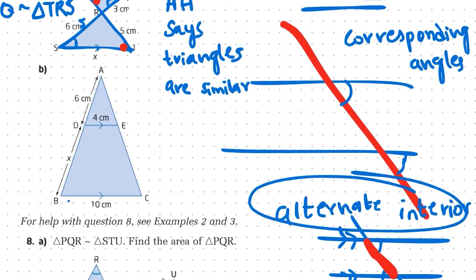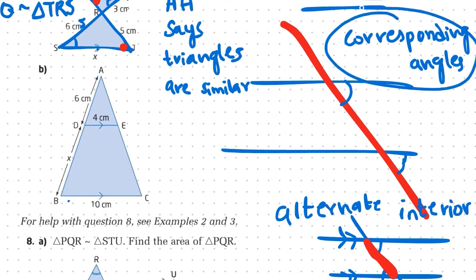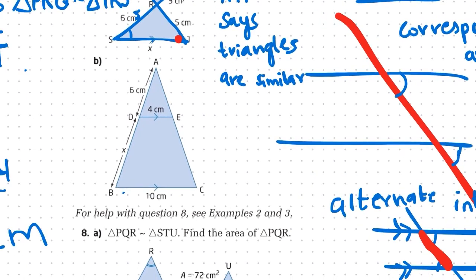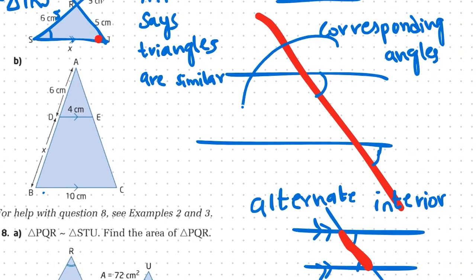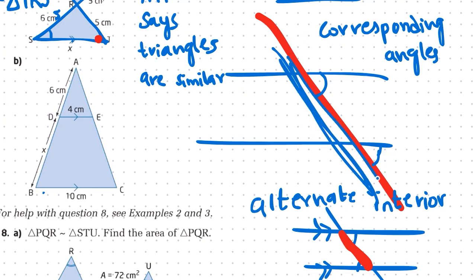One is alternate interior, the other one is corresponding angles. Corresponding angles are on the same transversal, same line. I don't think there's any.